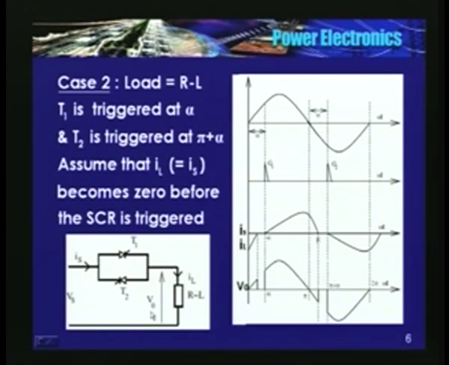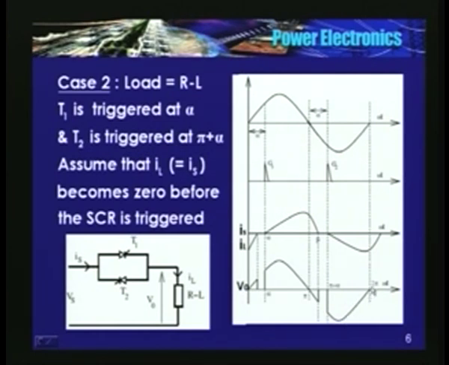And till another thyristor is triggered, that is T2 is triggered at pi plus alpha, there is no current flowing in the circuit. Say from beta to pi plus alpha, there is no current, and therefore there is no voltage. And at pi plus alpha, you trigger T2, and whatever happened in the positive half will happen in the negative half.